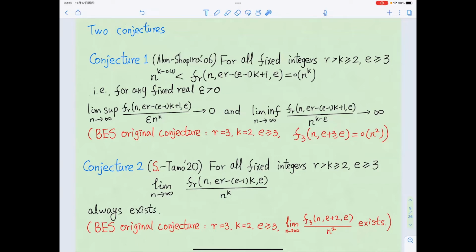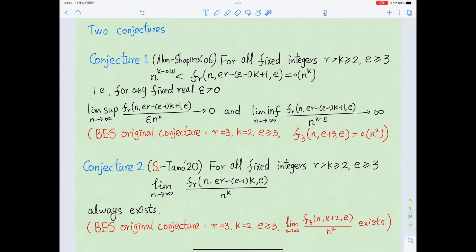So in other words, this conjecture asserts that for any fixed positive real epsilon, the value of this function divided by n to the power of k tends to 0 as n tends to infinity, and this function over n to the power of k minus epsilon tends to infinity as n tends to infinity.